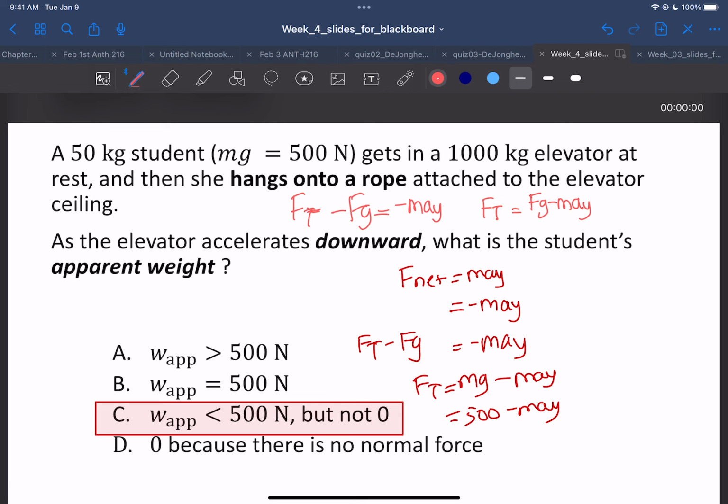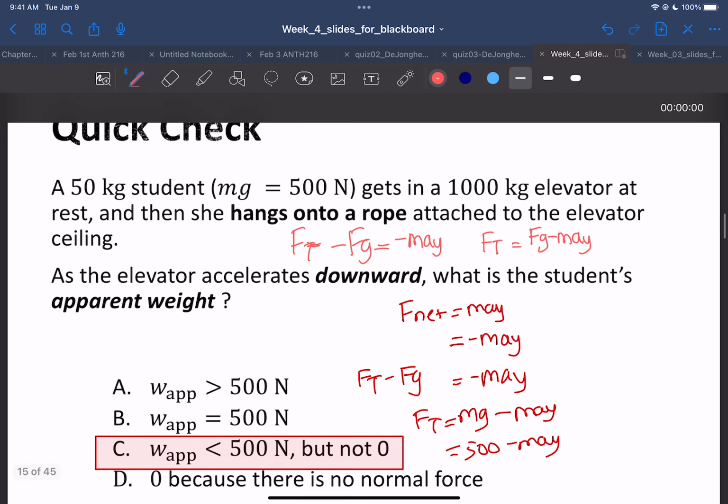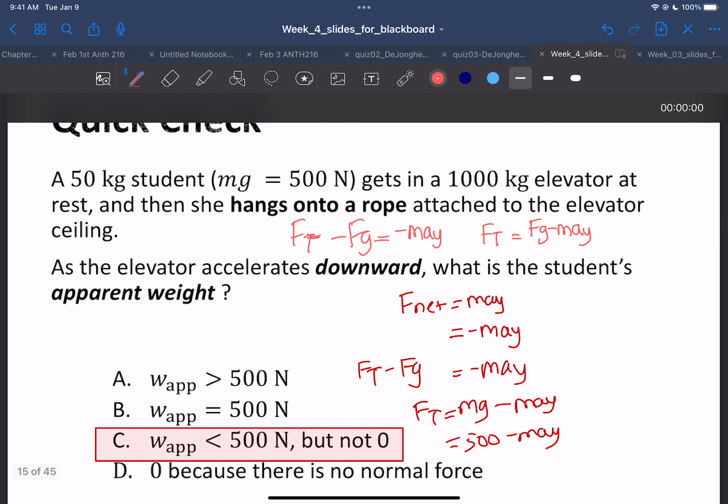And so what I'm trying to think about is, sometimes I have to think about things in a more real life context, what would happen in real life. So if I were to just hang from a ceiling in an elevator, theoretically, and I'm moving upwards, then my equation would be set up in the sense that Ft minus Fg is equal to positive may.